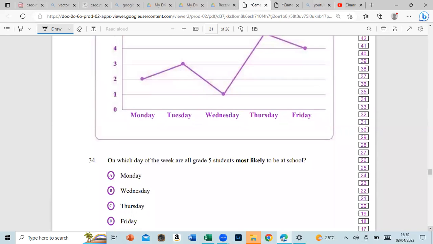On which day of the week are all grade 5 students most likely to be at school? That would be the day that they have fewer people being absent, which is 1 on average. So I will go with Wednesday as the best option for that.